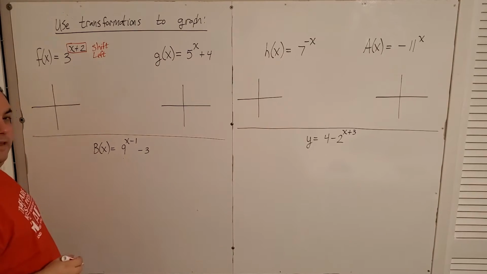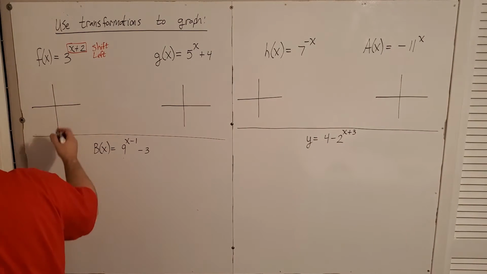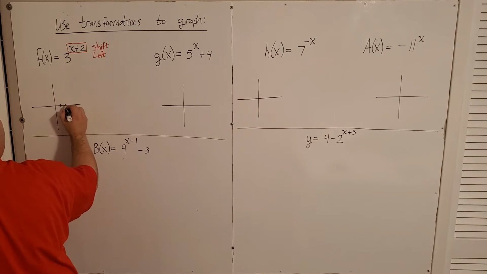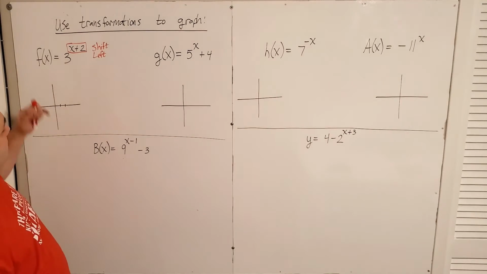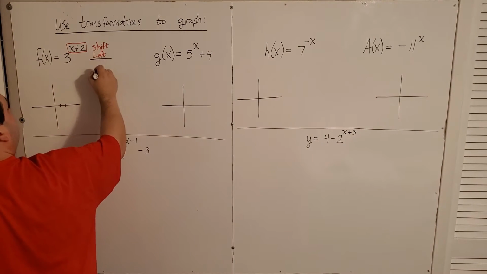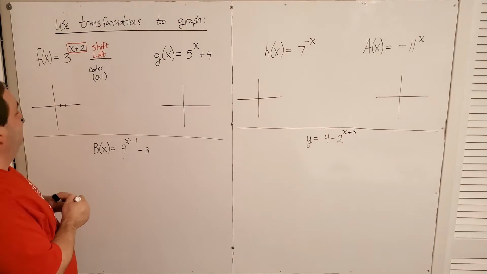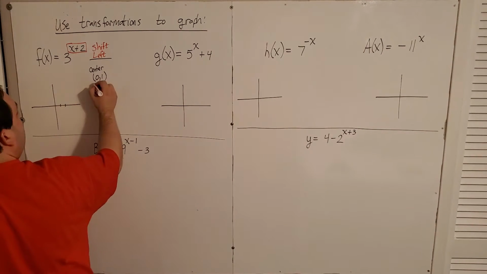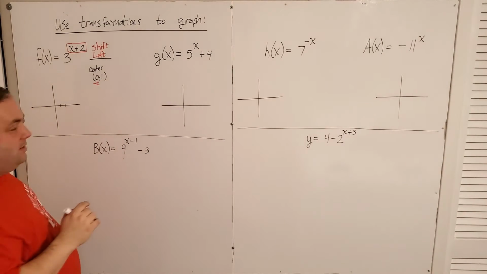So to accommodate that on the graph, I'll remember that my center point used to be at 0, 1, right? If I shift left, then that's going to be the same as subtracting 2 just from the x.